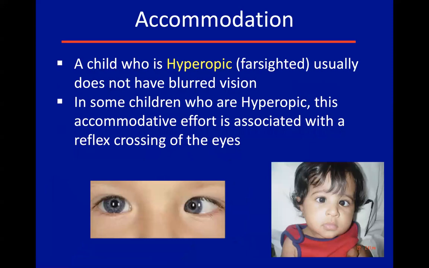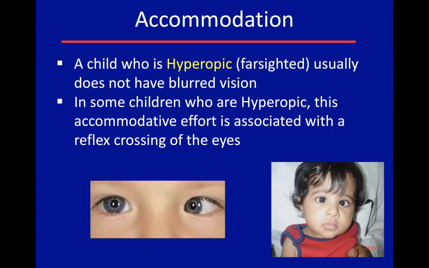So a child who is hyperopic, remember, I'm sure you've taken that, you have more or less 3 refractive errors. Hyperopia, so you put plus lenses. Myopia, you put minus lenses. And astigmatism, that's a different story.